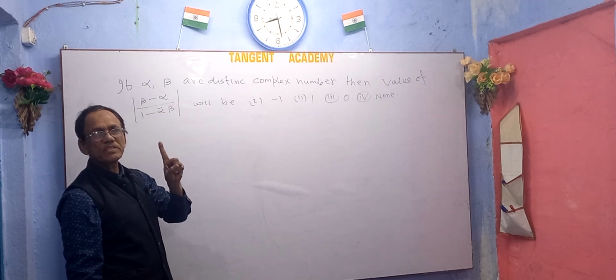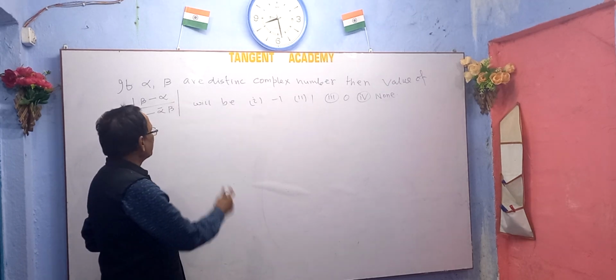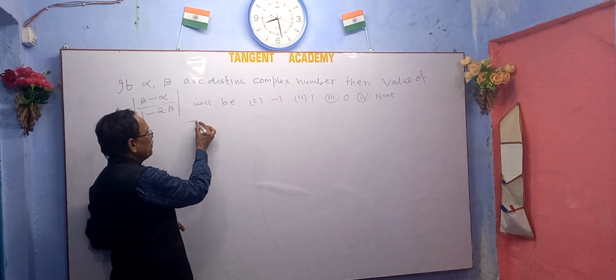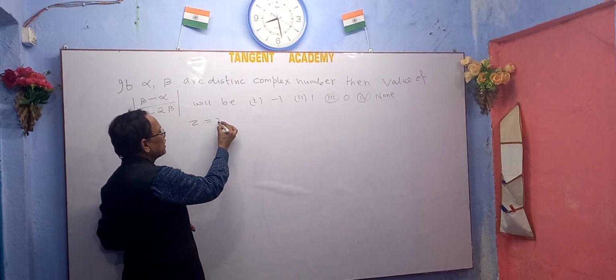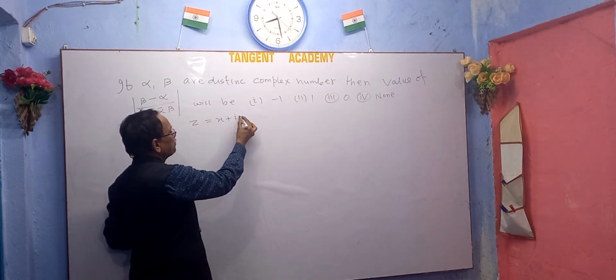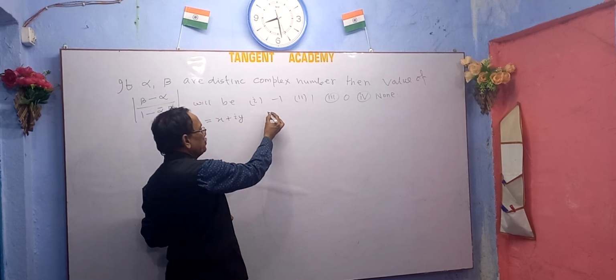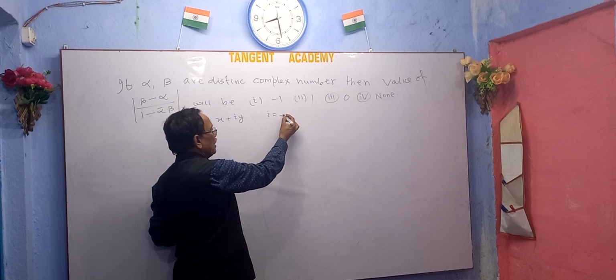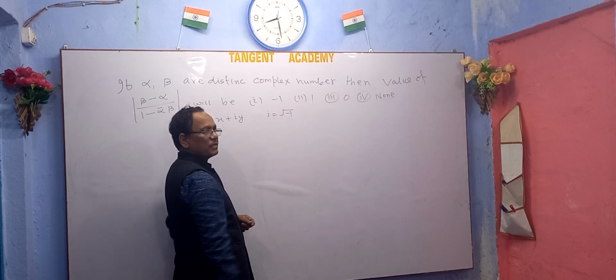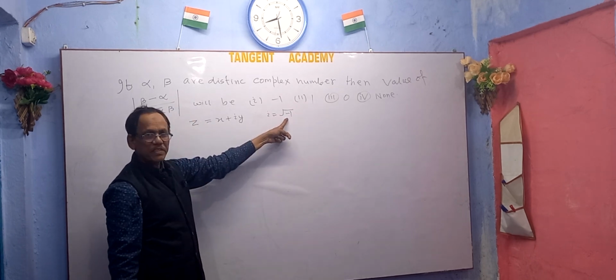In case of complex numbers, we know that a complex number is in the form z equals x plus iy, where i equals under root minus 1, which is an imaginary quantity.